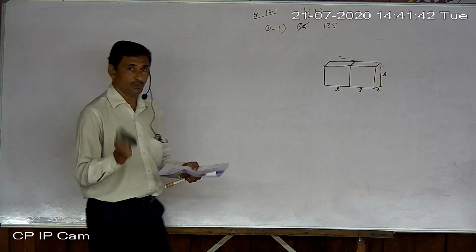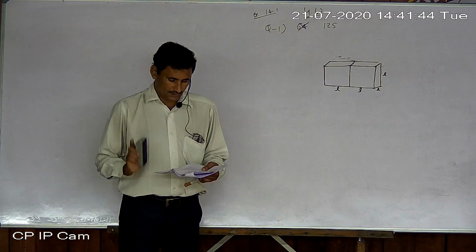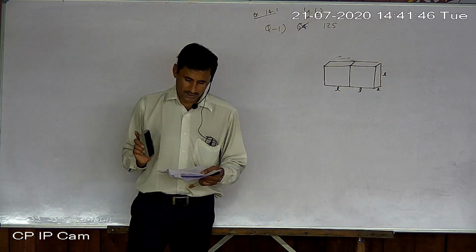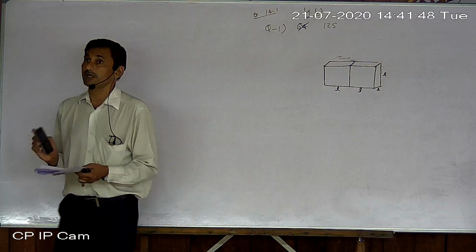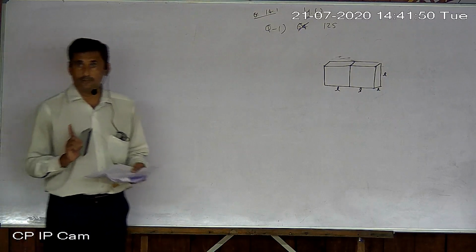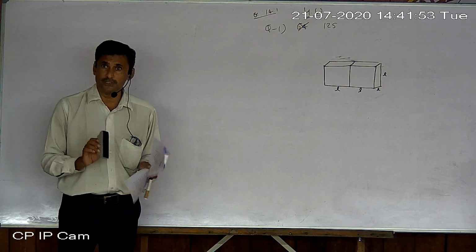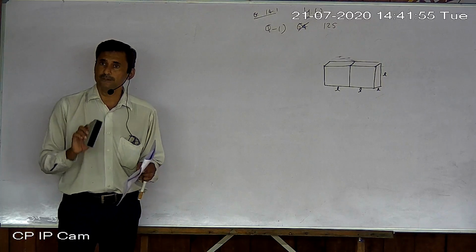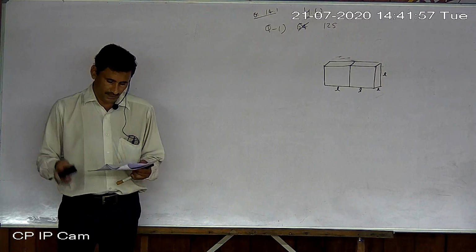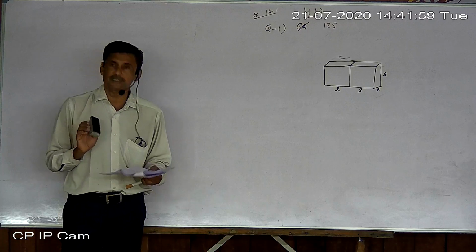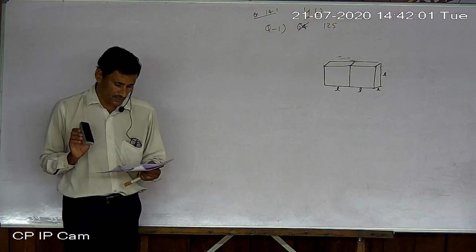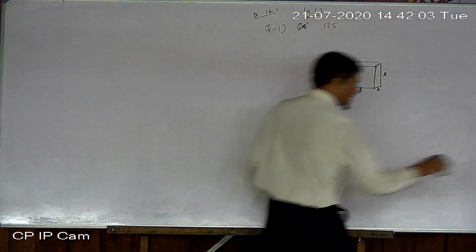Hollow hemisphere on hollow cylinder. The diameter of the hemisphere is 14 centimeter. Diameter given, keep in mind. If radius is not given, then don't forget to make it half, because diameter to radius. And total height of the vessel is 13 centimeter. Find the inner surface area of the vessel.